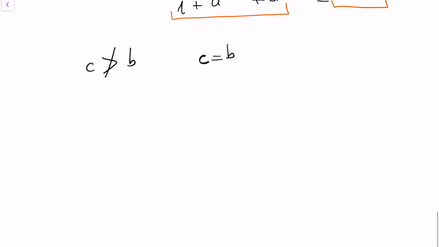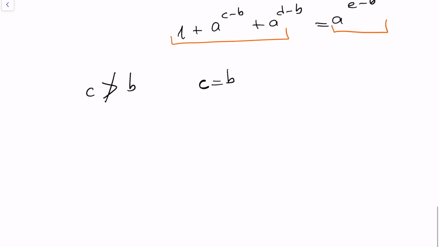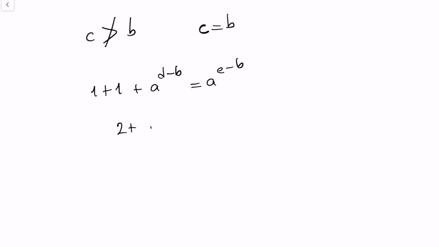So if c is equal to b, then we can rewrite this equation as 1 + 1 + a^(d-b) = a^(e-b). So we have 2 + a^(d-b) = a^(e-b).